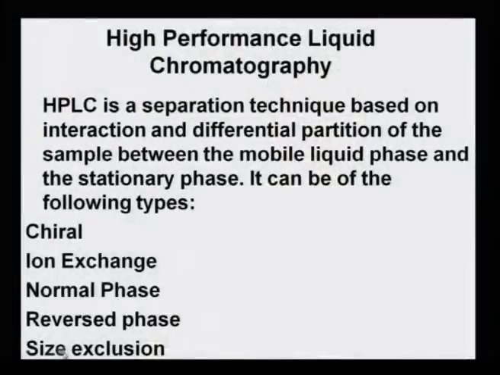High performance liquid chromatography, HPLC, is a separation technique based on interaction and differential partitioning of the sample between the mobile liquid phase and the stationary phase. It can be of the following types: chiral, ion exchange, normal phase, reverse phase, size exclusion. So, all this will come under the big category of HPLC.